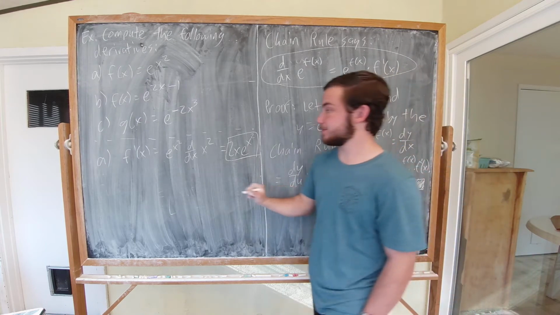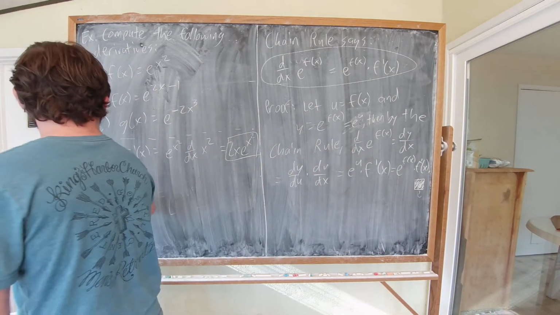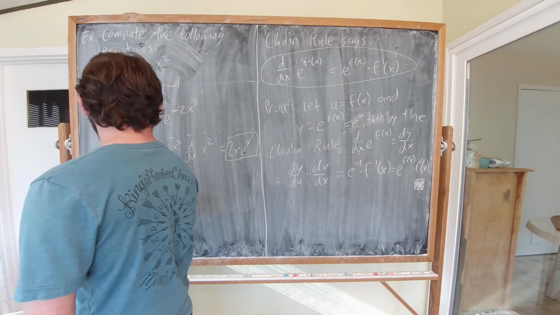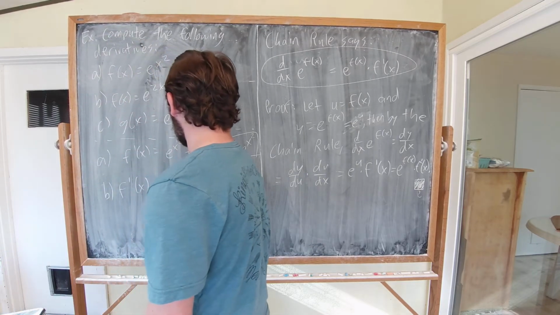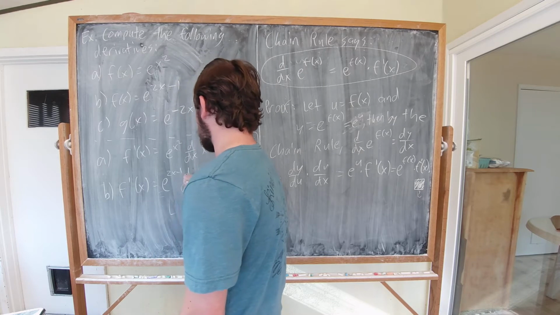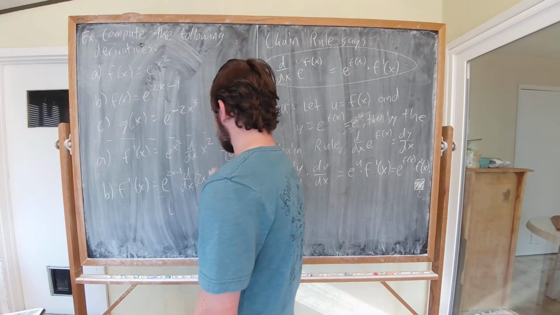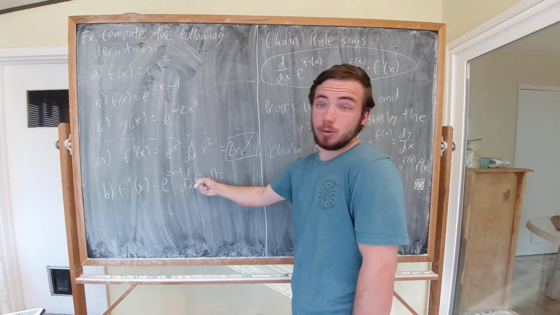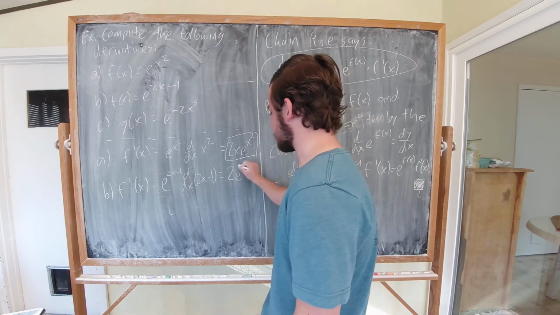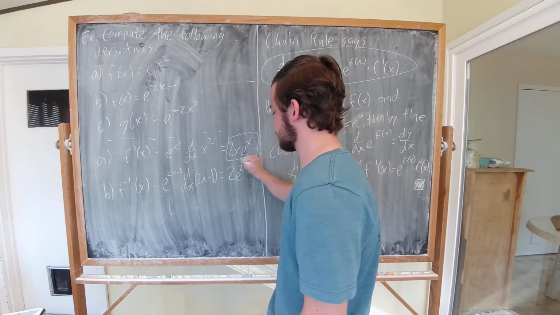Nice and simple. Now for part B, well, f prime of x will equal e to the 2x minus 1 times the derivative with respect to x of 2x minus 1. The derivative of this thing is just 2, so this will give us 2e to the 2x minus 1.